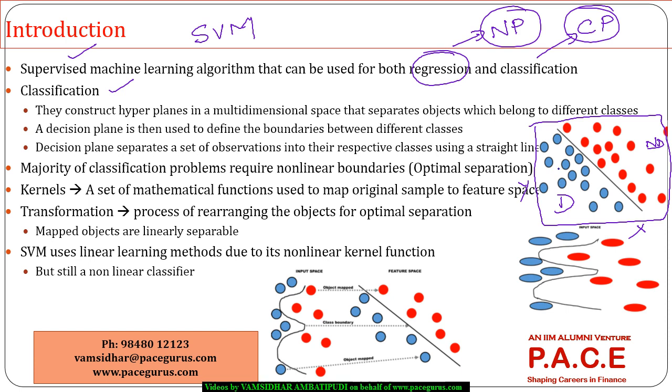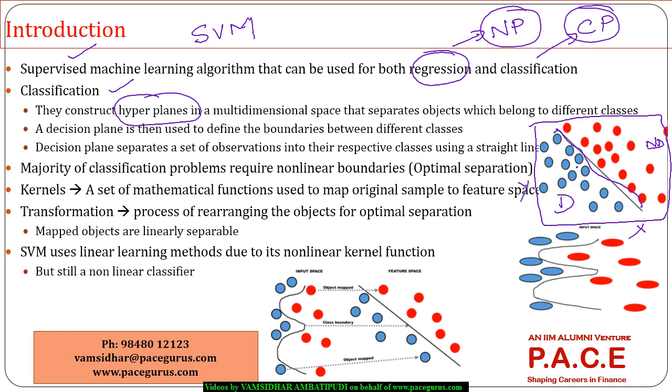Now what the support vector machine is doing is constructing a hyperplane. Here it is a line that is being constructed, which is linear. Basically, in a two-dimensional space, I am trying to create a segregation between the blues and the reds.